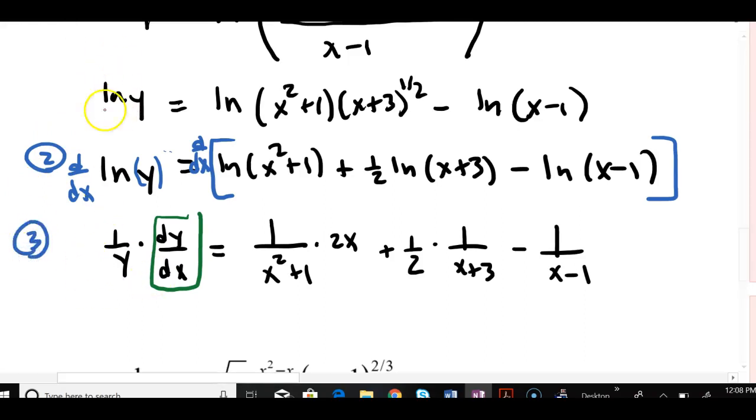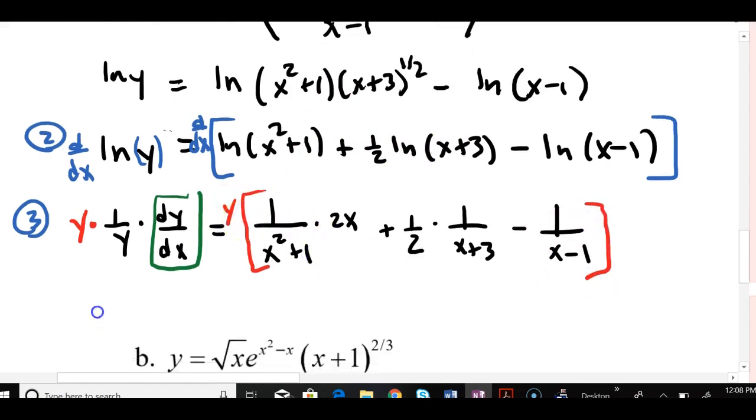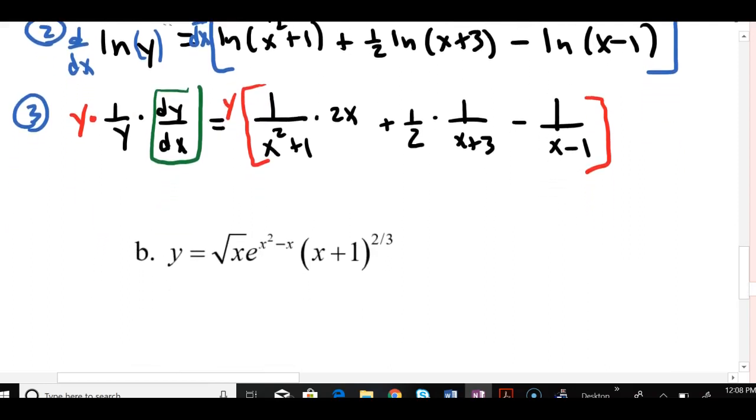So we're going to multiply this side by y, and then we're going to multiply this side as well by y. So what happens is on the left side, we have dy/dx.